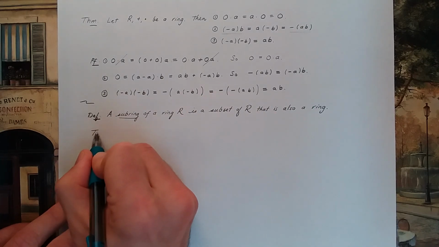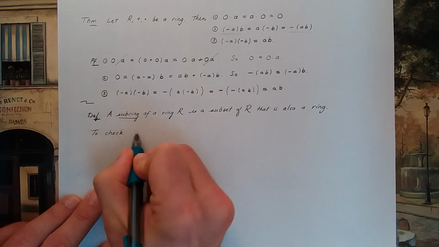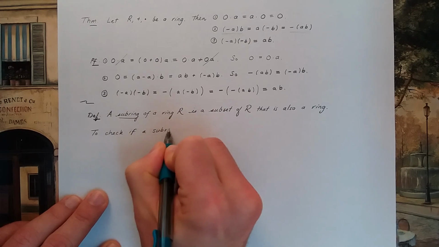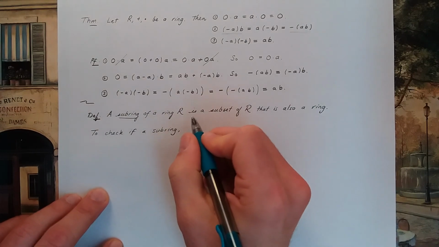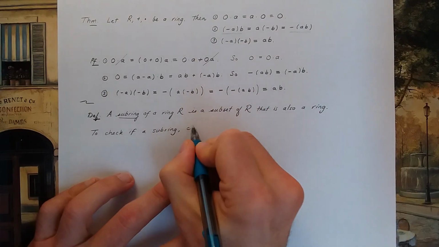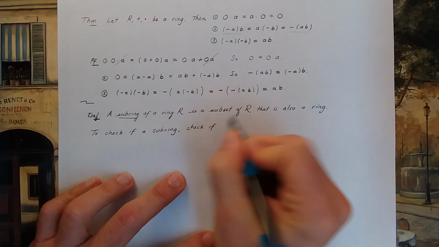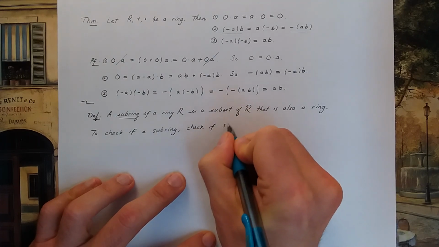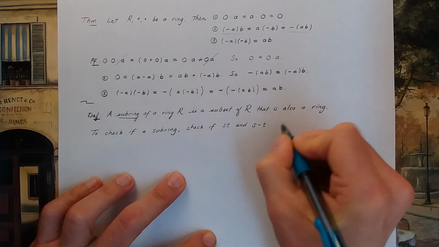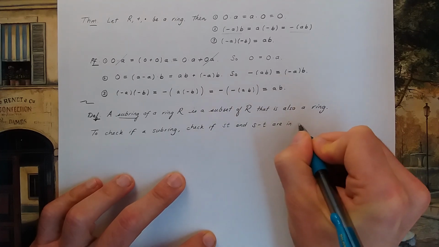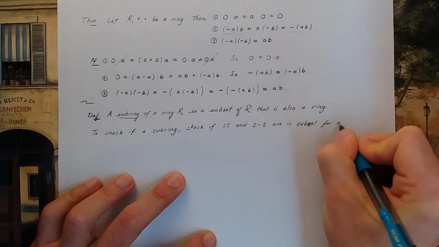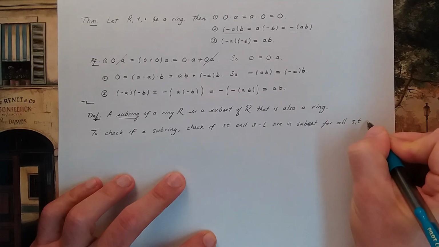So to check if we have a subring, you need to check if both ST and S minus T are in the subset for all S and T in the subset.